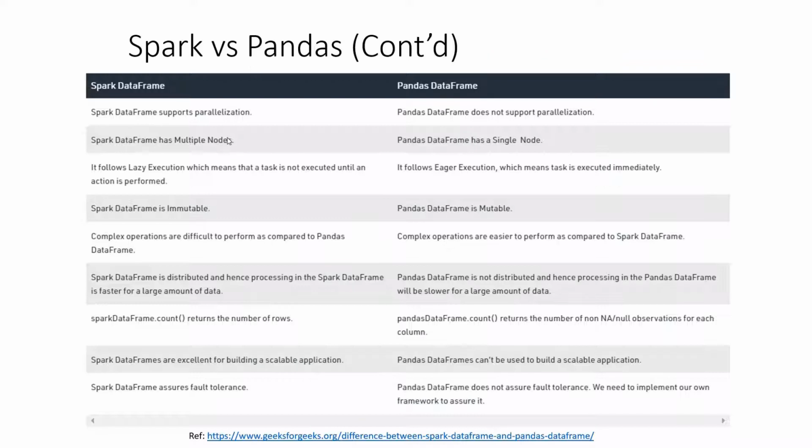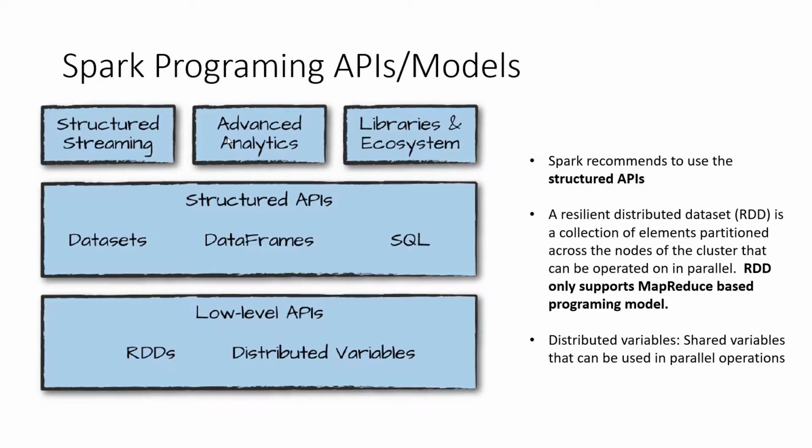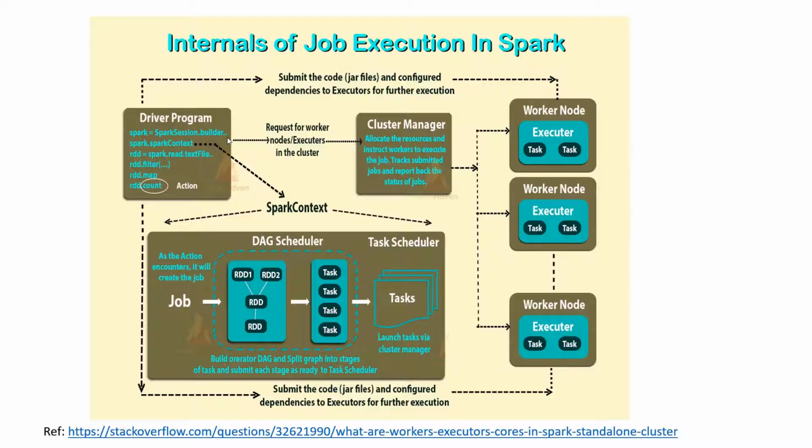And also Spark has a concept of lazy execution. Lazy execution means Spark creates the execution graph of the tasks for the Spark program. However, this graph is not executed until the result is explicitly requested. For example, here Spark will create this graph.